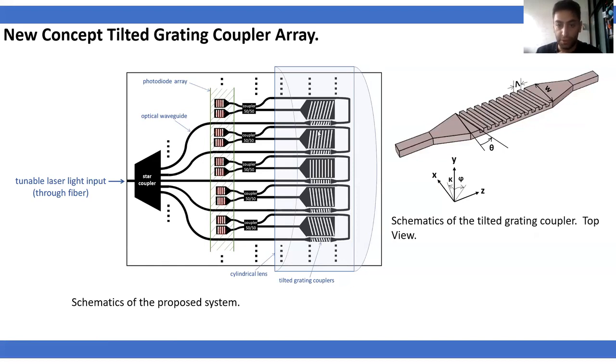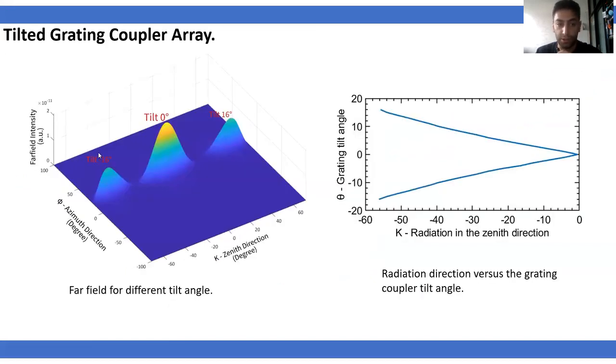The transmitter and receiver grating couplers will be spaced next to each other, and everything will be collimated by the cylindrical lens. Then when the light comes, it focuses on every receiver tilted grating coupler, and then is detected by the photodetectors. Here are some numerical results from this system.